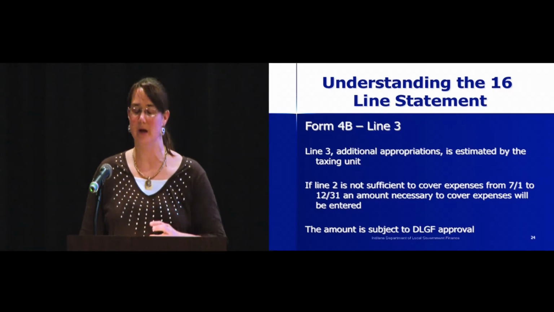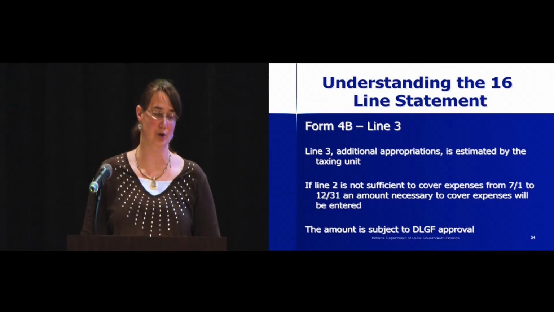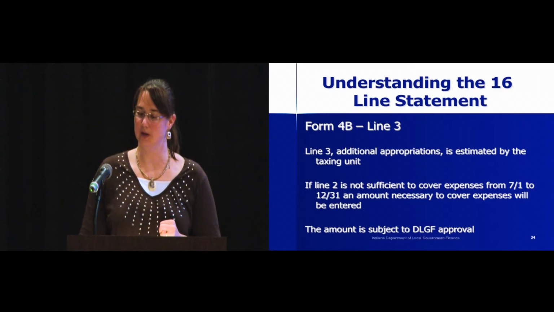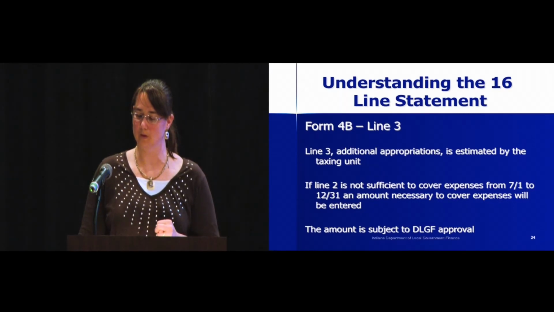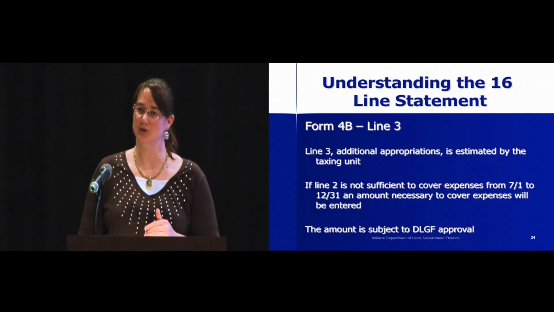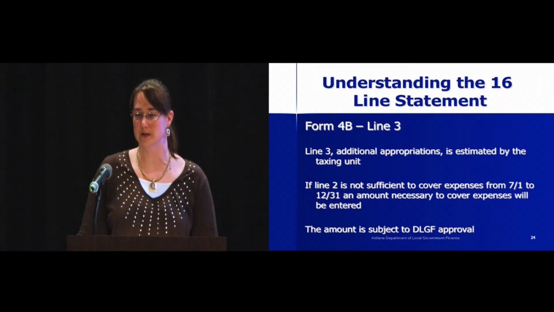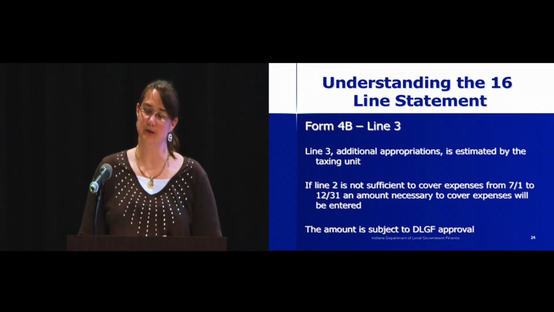That gives you the amount that you're able to spend for the year. With that, you take out the first 6 months, and that gives you your remaining balance of what you could spend for the remaining 6 months. That goes on your line 2.